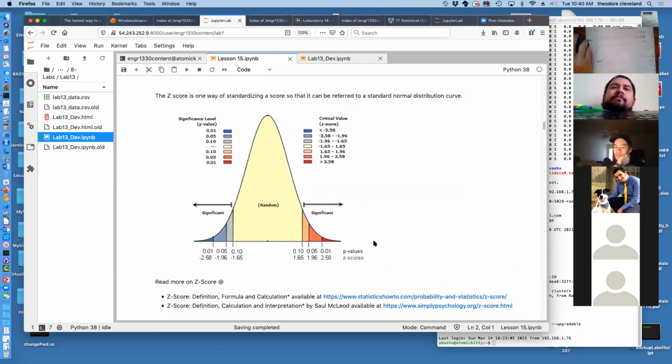So a z-score is just a rescaling of data. It's rescaling it so that if it falls on the negative infinity to infinity axis, and if it happens to coincide with the population mean, it will be right here at 0, and it is scaled to the population standard deviation.